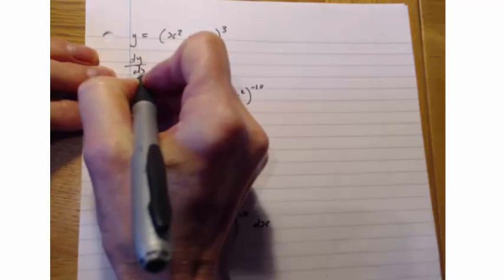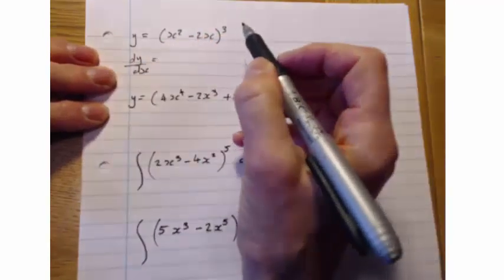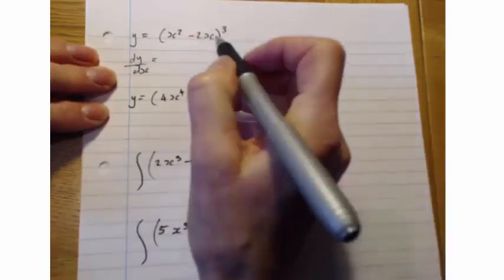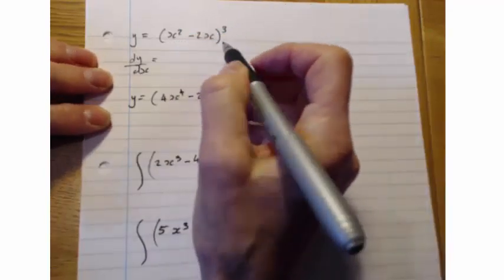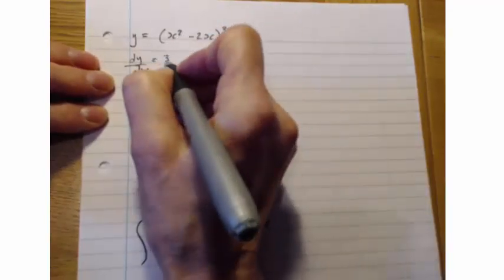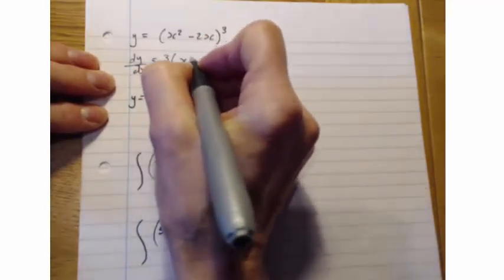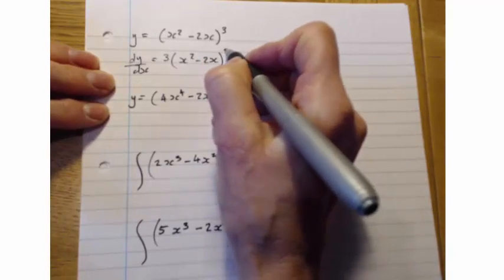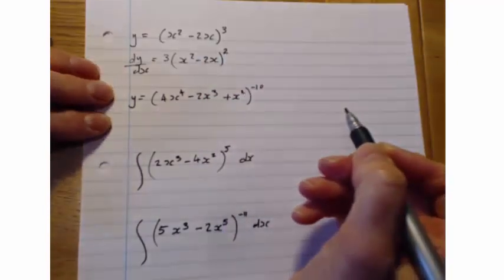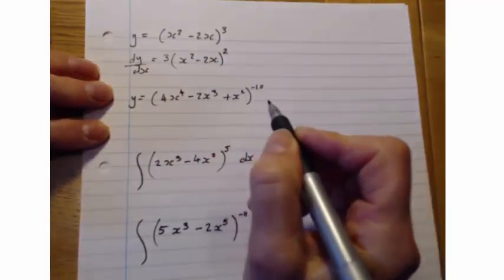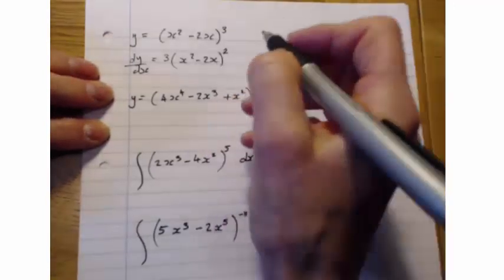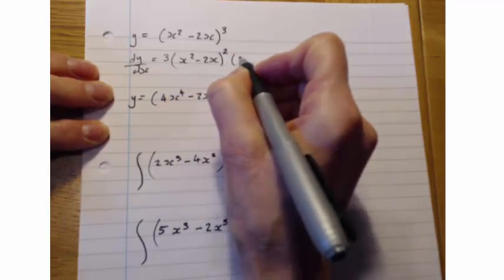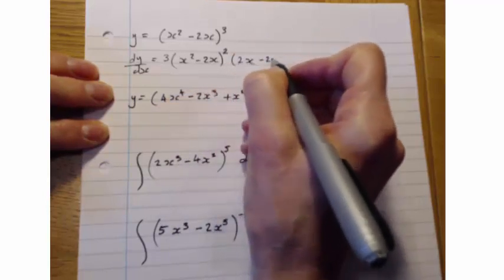So dy by dx. Right, so we treat the brackets as though it's a single x to begin with. So we don't even look inside the brackets to begin with. When we differentiate, we multiply by the power, and let's just not look what's inside that bracket, and we drop the power by 1. So that's pretty normal differentiation. The only difference is because it's a function of a function, we now need to multiply by the derivative of the inner function.